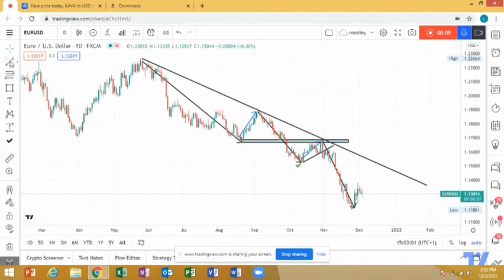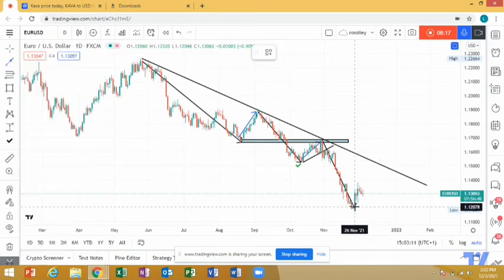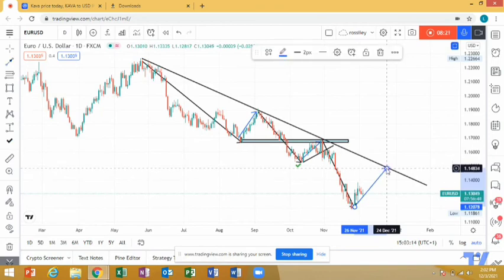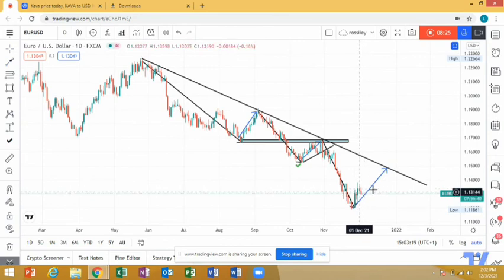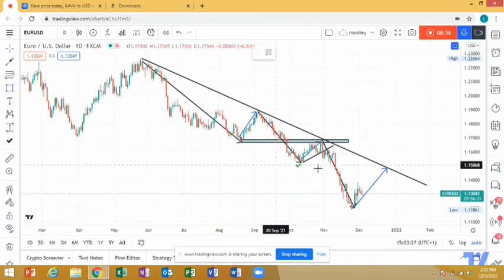For example, let's just predict this. The market might go up and touch the trend line again. We wait for the market to pull back, finish this correctional move, and touch the trend line, and this will be another breaker retest as well.